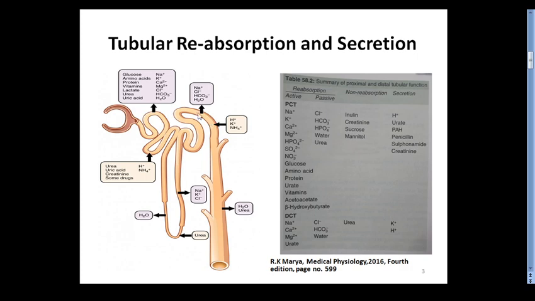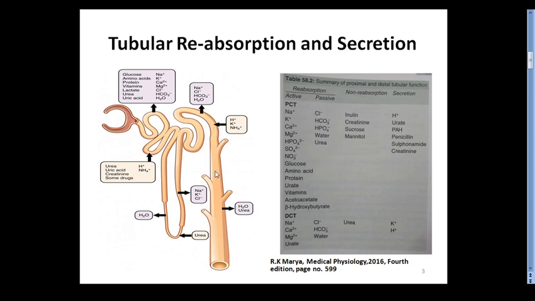This is the DCT. Here again sodium, chloride, bicarbonate and water are reabsorbed, and few substances like hydrogen ion, potassium and ammonium are secreted from the blood and peritubular capillaries into the distal convoluted tubule.